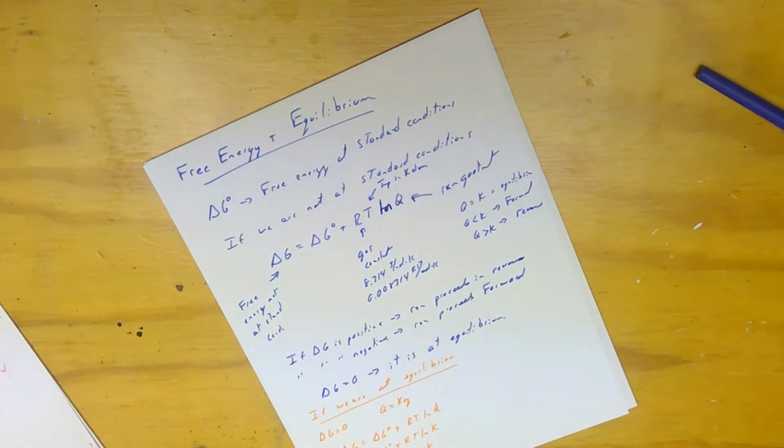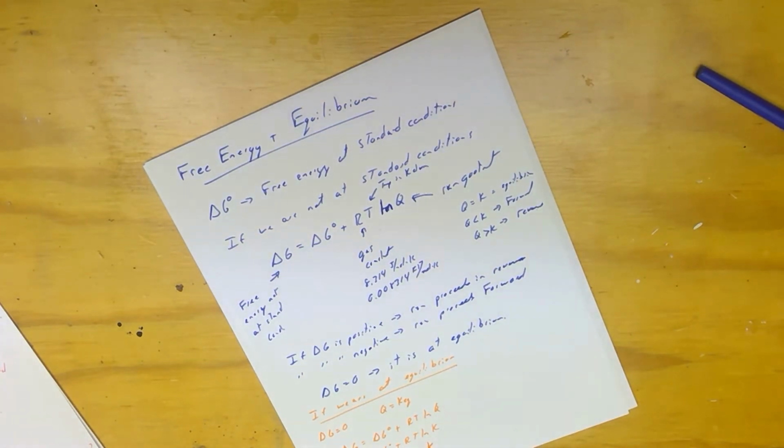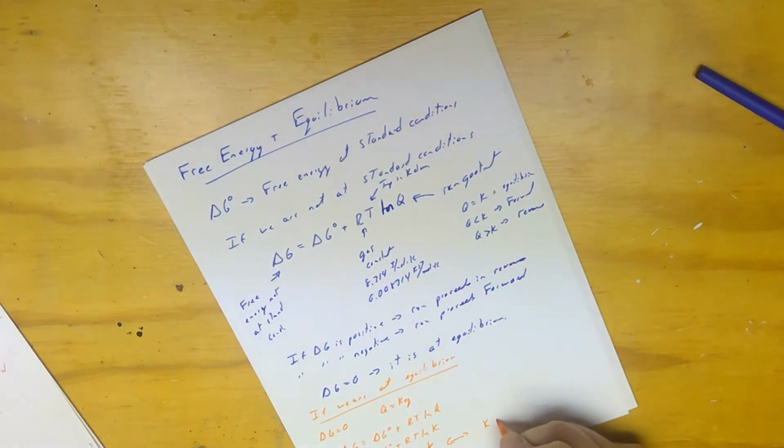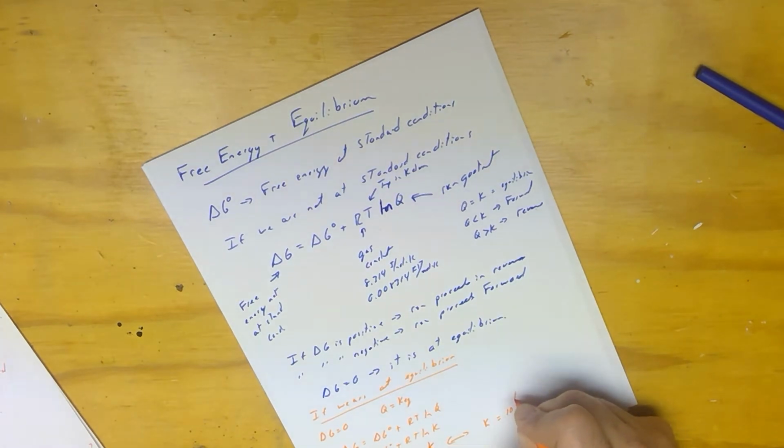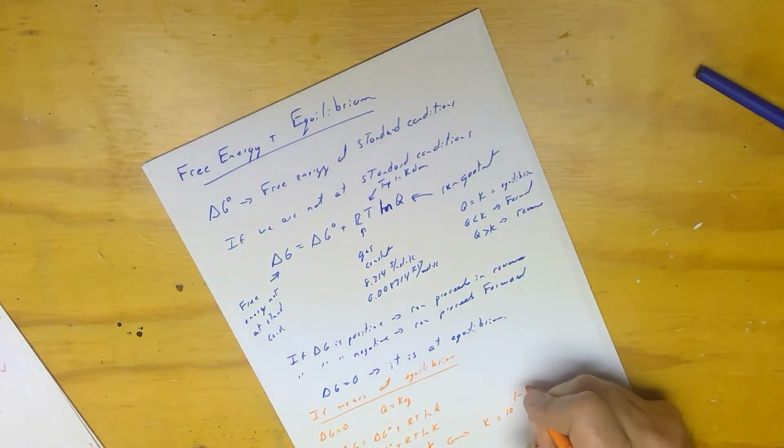Now, a lot of the time you're going to want to solve for your equilibrium constant. So we can manipulate this to get K by itself. So K is equal to 10 to the negative delta G naught over RT.